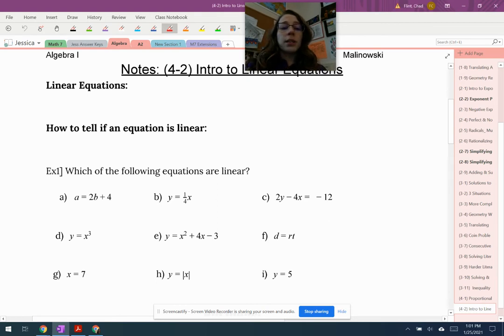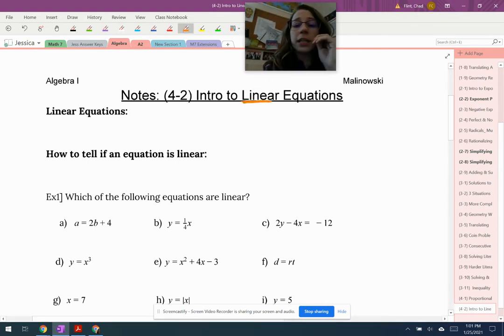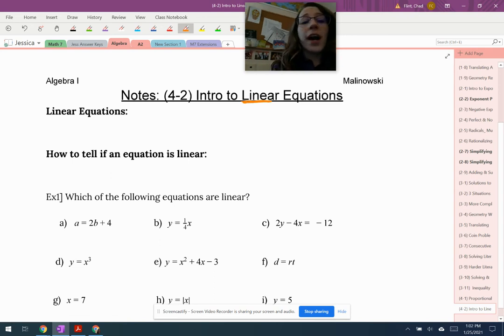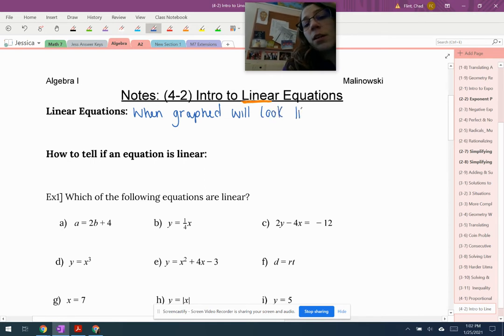So, linear equations, you can see that the word linear has the word line right in it, which, believe it or not, means that a linear equation will look like a line when it is graphed. So linear equations, first thing we're starting off, when graphed, they will look like a line.